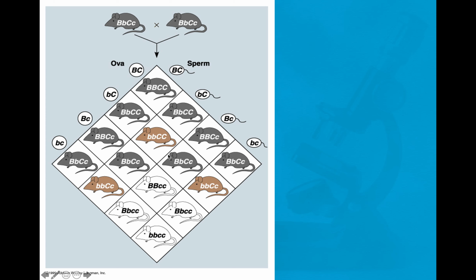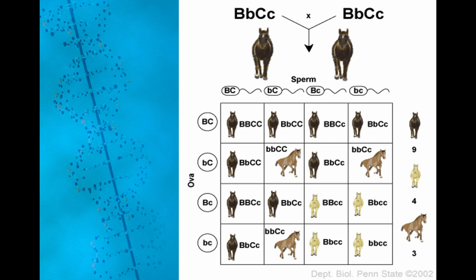It blocks whatever it is. So the dark gray or black is dominant over the brown mice, except in the case where you have these two lowercase c's. On your homework problem, I believe it's a's, two lowercase a's are going to block it because that's albino. Same difference, white, albino. We also see this in horses as well.